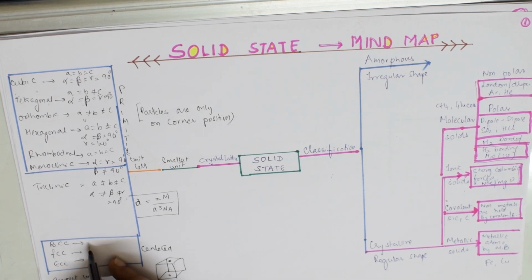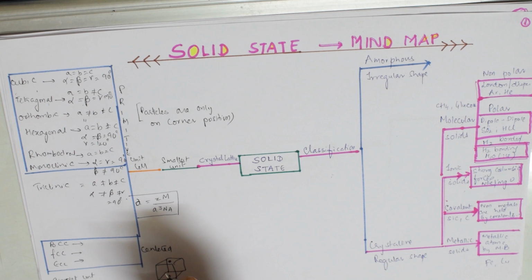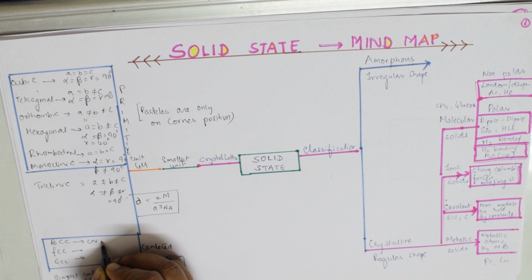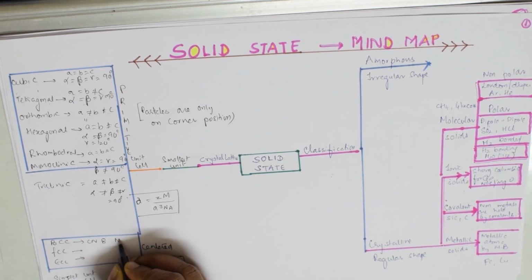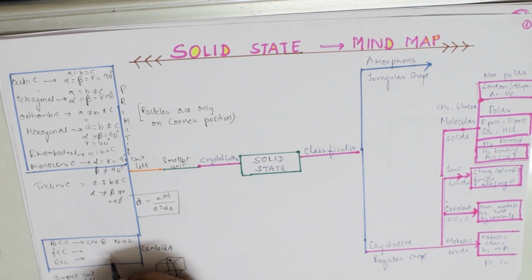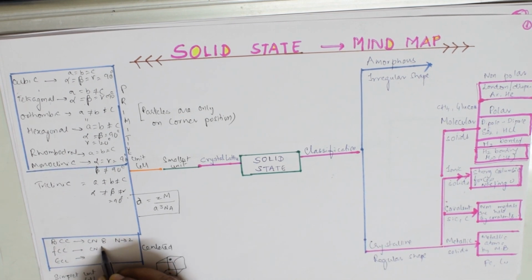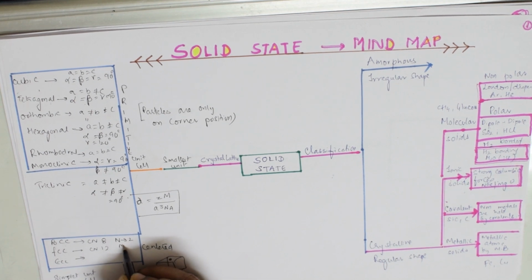So here when I have to speak BCC, you need to remember two things. In BCC, as I said, one particle at the body center and all the corners. So here the coordination number for BCC is 8 and the number of atoms is 2. Coordination is 8, number of atoms is 2. In face centered, the coordination number is 12 and the number of atoms are 4.